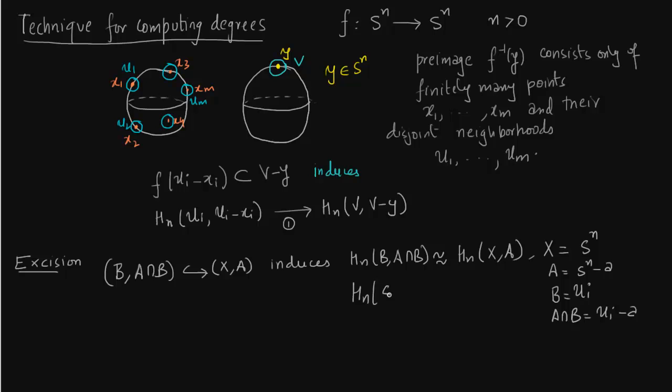Hn of X comma A first. This is X comma A, isomorphic to Hn of B comma A intersection B. B is ui, so just to make sure that there is no confusion, the arrow mark, and this I am going to rewrite on the right side.